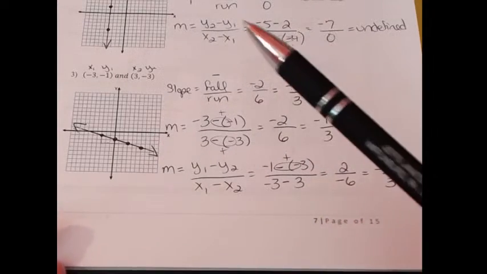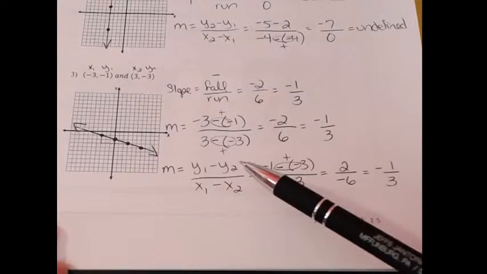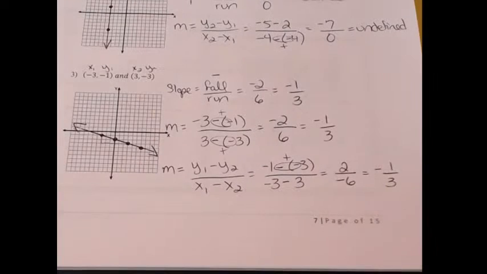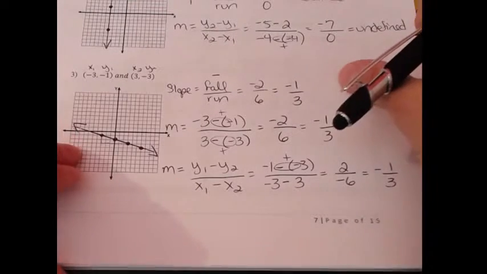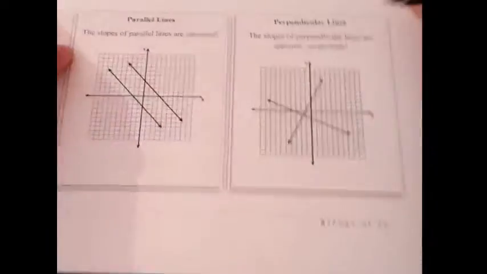What I wanted to prove is that I could flip the order of those terms, y1 then y2, x1 then x2, and still get the same answer. So I wanted to show you that flexibility. Especially when you get into this more and more and you're thinking, shoot, which one has to be the first point and which one has to be the second? Well, nothing has to be first or second. It's really up to you, because you're calculating the slope between the 2 points. That's the beauty of it.